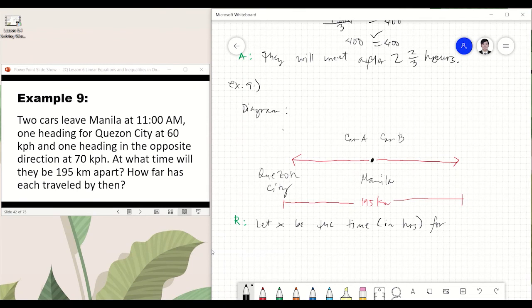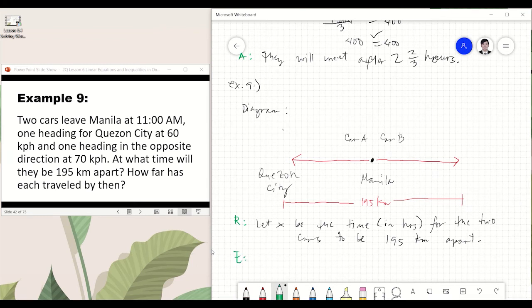Kung hours lang talaga. And normally, when we talk about distance is equal to rate times time, in hours talaga yon. So we say, let x be the time for the two cars to be 195 kilometers apart.